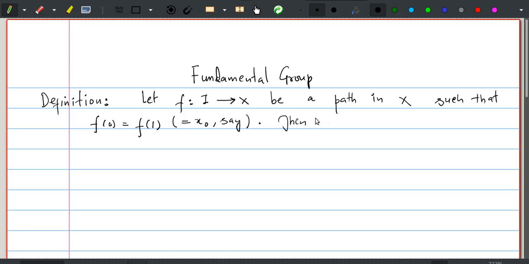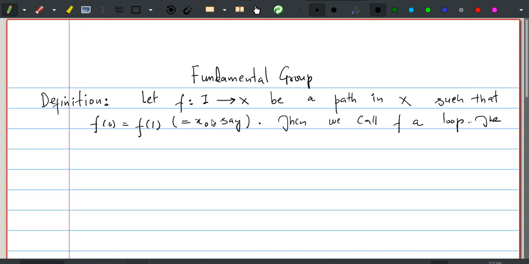Then we call f a loop. This point x naught is called the base point of the loop.